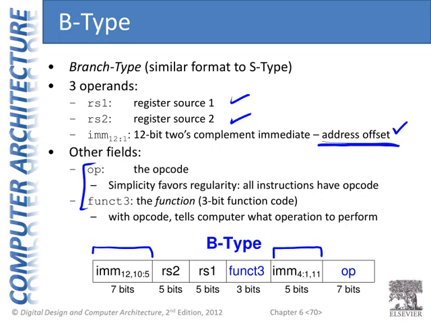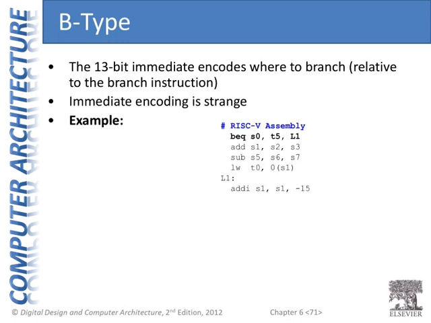Okay, so let's take a look at what this does. Again, it's a B type, and so it actually encodes a 13-bit immediate, even though it only uses 12 bits in our instruction. This 13-bit immediate encodes where to branch for a branch instruction relative to this branch instruction.